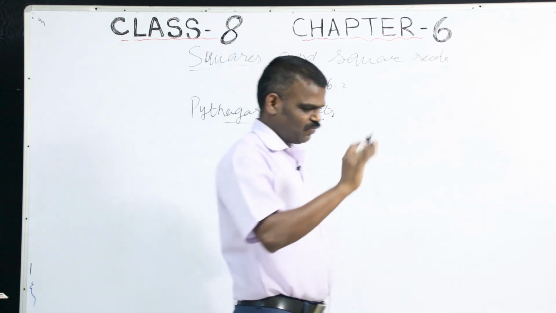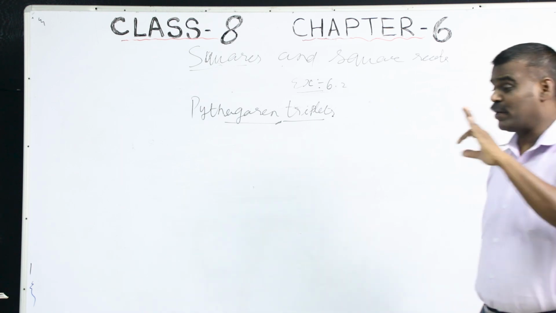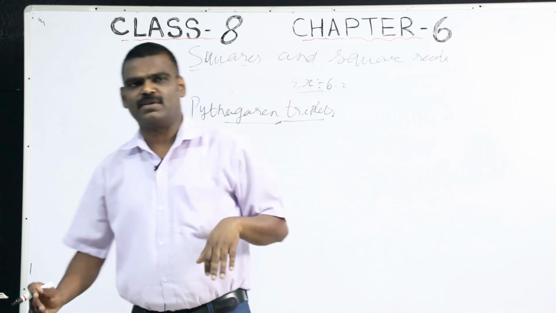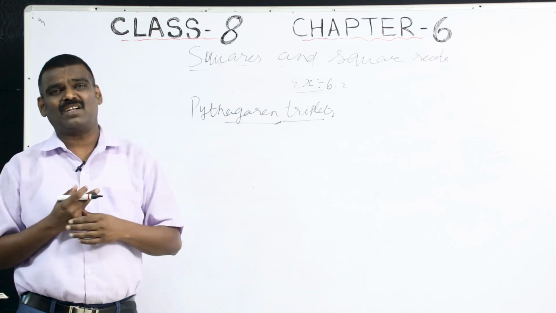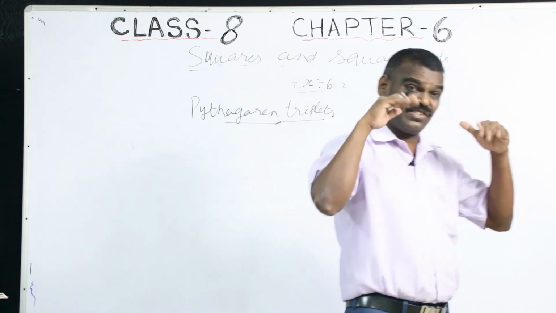See children, this is very important, the Pythagoras theorem. Triplet means 3, right? 3 numbers are called a Pythagorean triplet. What is a Pythagorean triplet?